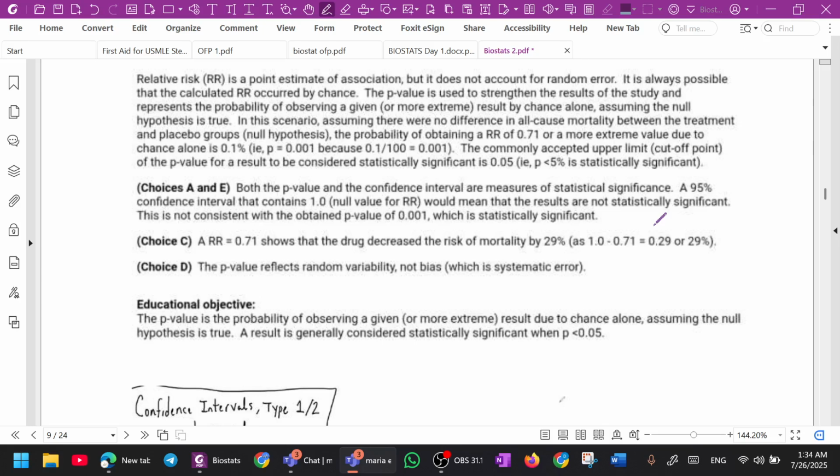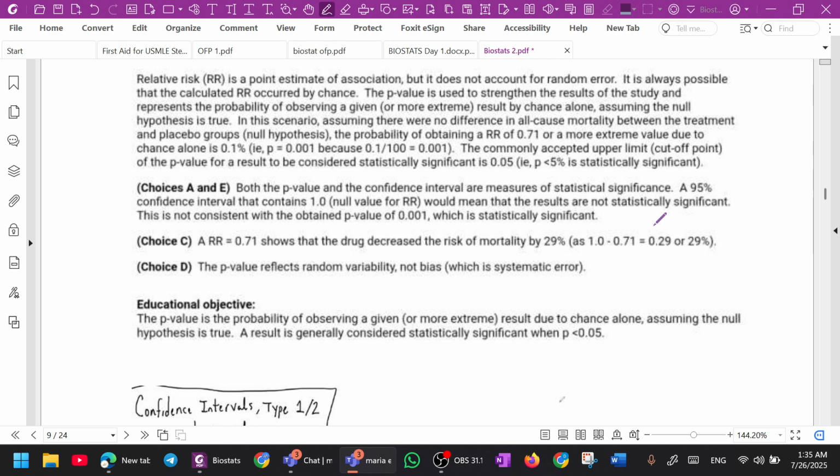Relative risk is a point estimate of association, but it does not account for random error. It is always possible that the calculated relative risk occurred by chance. The p-value is used to strengthen the results of the study and represents the probability of observing a given or more extreme result by chance alone, assuming the null hypothesis is true.